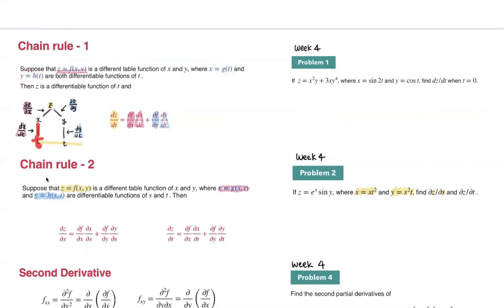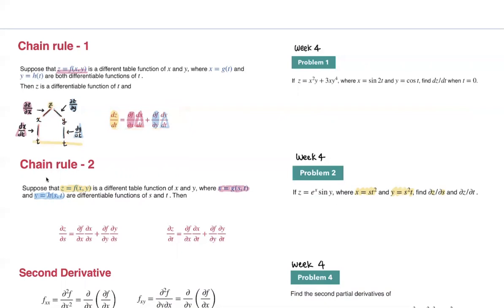So we just put like this. And if you want to take a derivative with respect to t, then we find that there are two paths. So we can find this formula like this one times this one plus this one times this one.